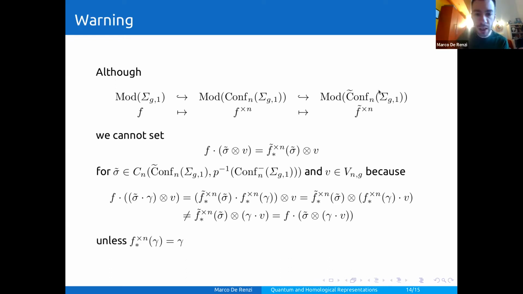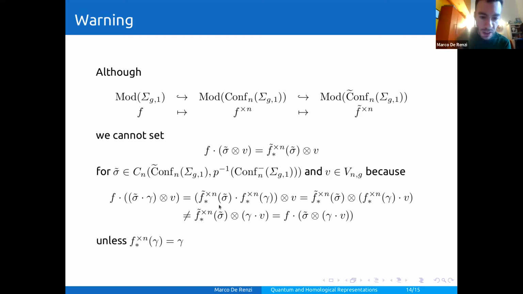And so we could think that in order to act on a twisted homology class, which is given by some sigma tilde tensor some coefficient, it would be sufficient to act on the left hand side. But this is not true, because twisted homology is not functorial with respect to diffeomorphisms.